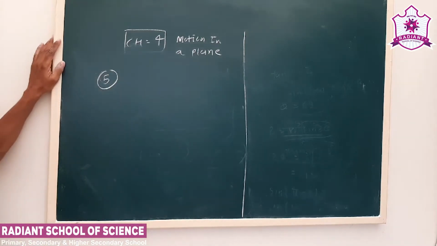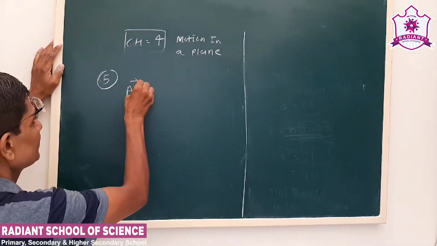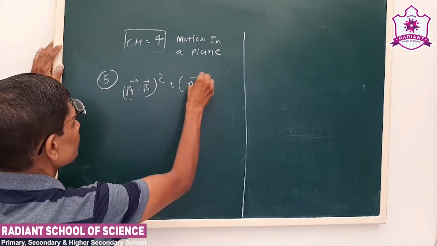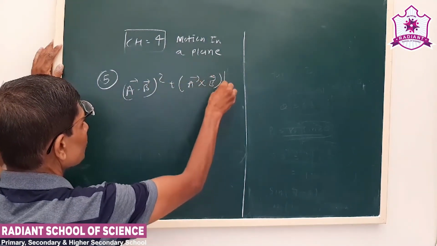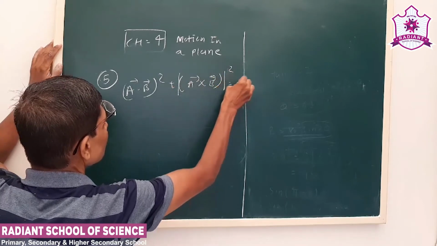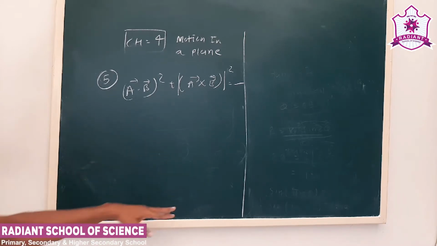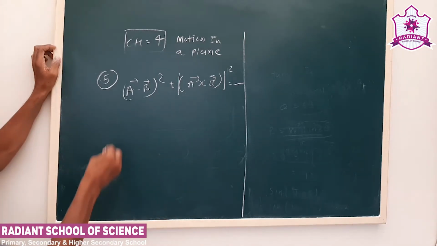Now this is related to scalar and vector product. The question is this: A dot B whole square plus A cross B whole square, we have to find out. Now see the formula for the scalar product.